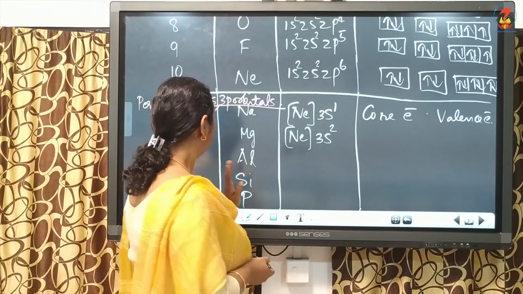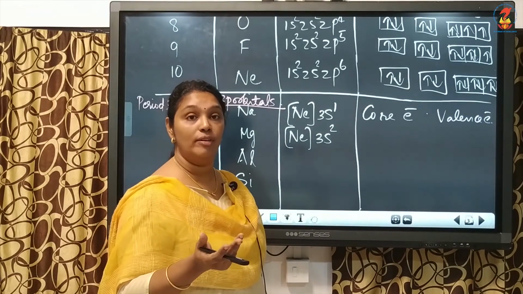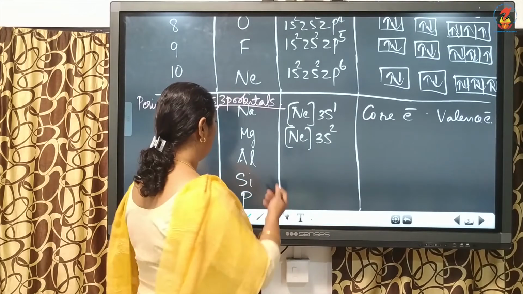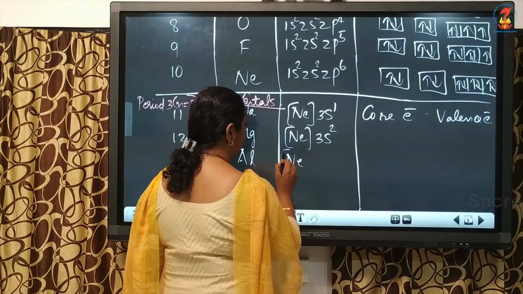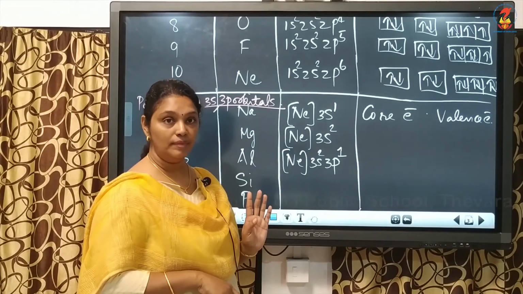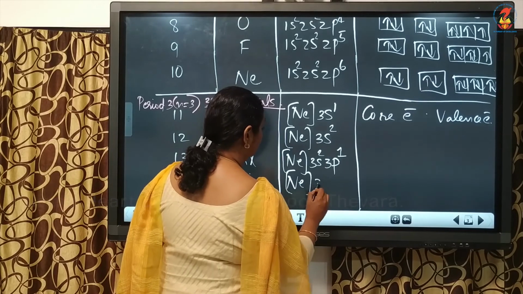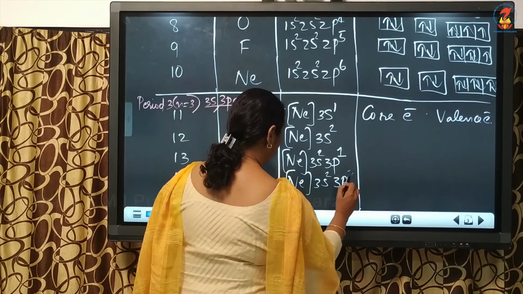Now aluminium. 3s is completely filled, which means next we have to move to the 3p orbital. So the configuration of aluminium is neon 3s2 3p1. Aluminium is in group 13 and has 3 valence electrons, 2 plus 1, 3. Next silicon: neon 3s2 3p2.